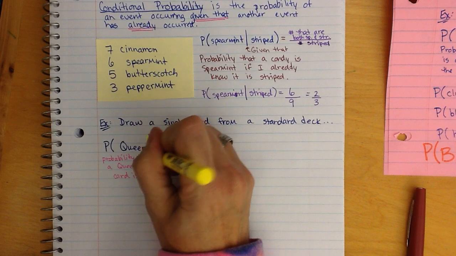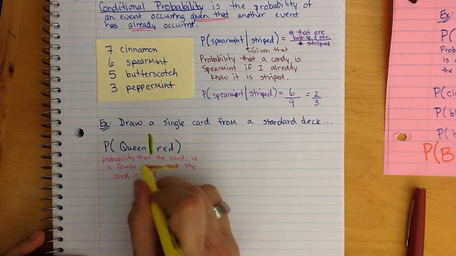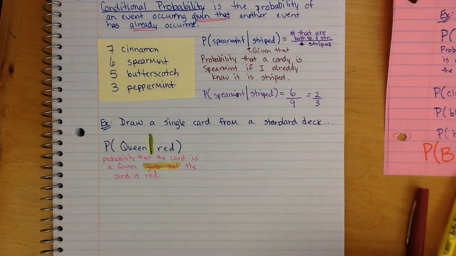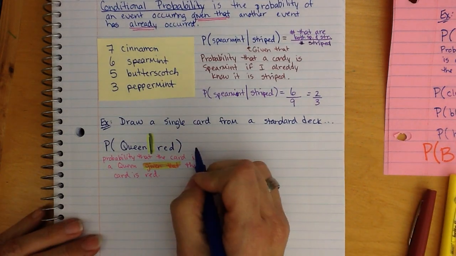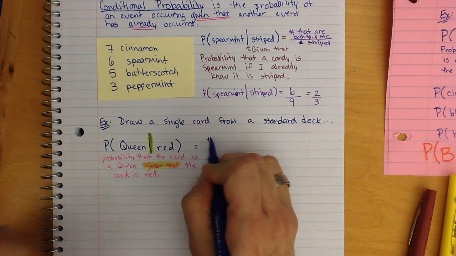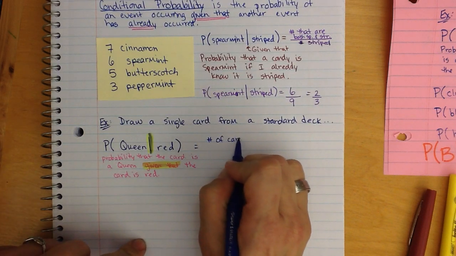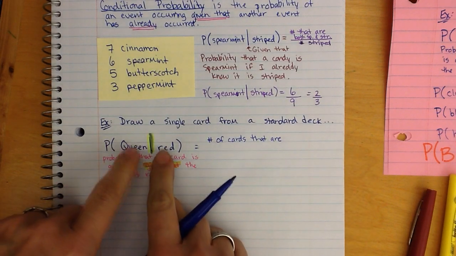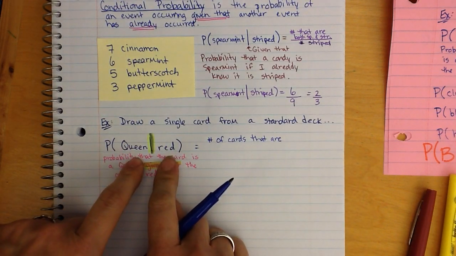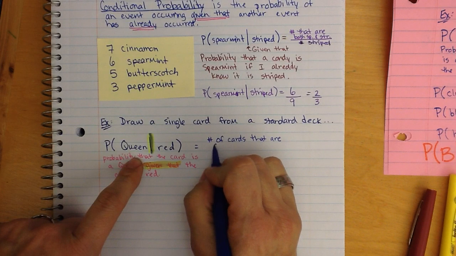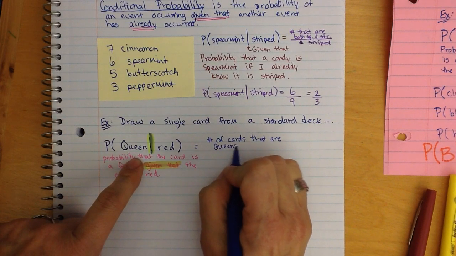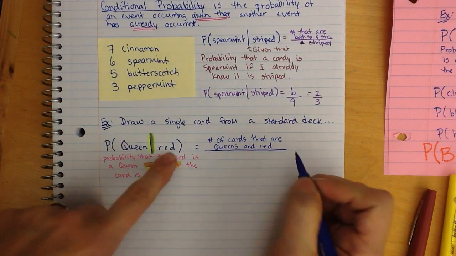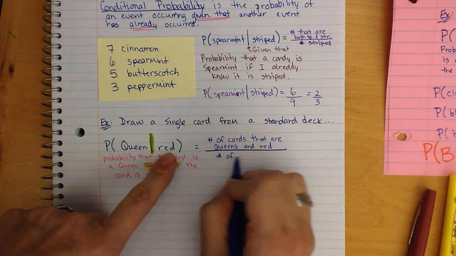So this bar here is the given that part. The way that I figure this out is by doing the number of cards that are both of these things. So the number of cards that are queens and red divided by the number of cards that are red.